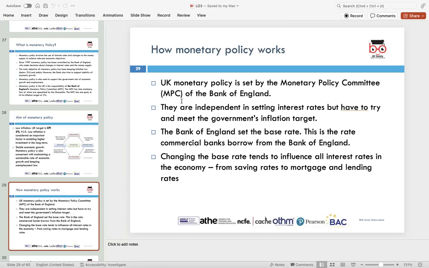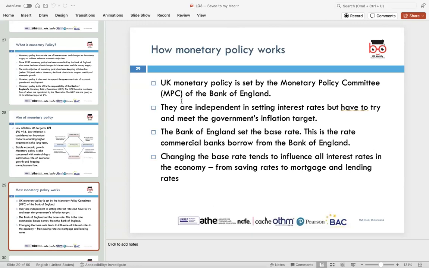In the United Kingdom, commercial banks borrow money from the central bank, which is the Bank of England. So changing the base rate has the potential to affect all existing interest rates in the economy, including but not limited to savings rates, mortgage rates, and lending rates.